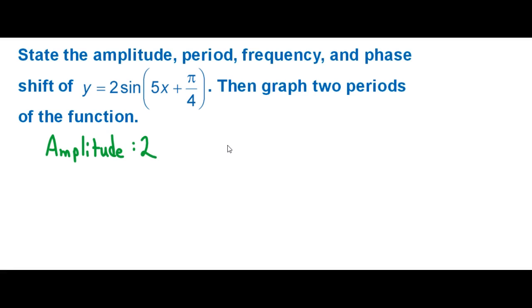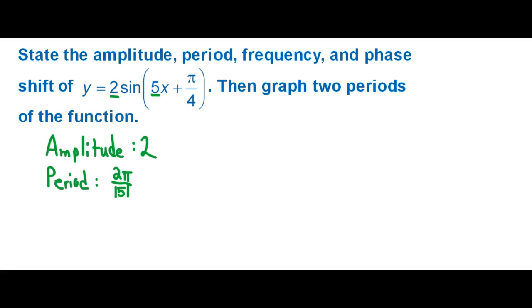The period, remember, we're going to take 2 pi and divide it by the absolute value of this number multiplied by x. So essentially this is our a value, the 2. The 5 is our b value, so we'll take it and put it under 2 pi.